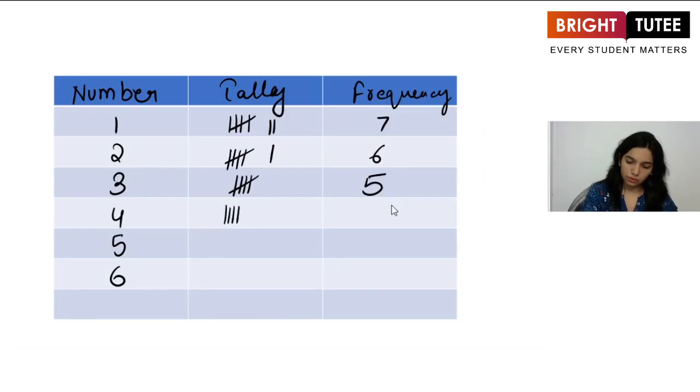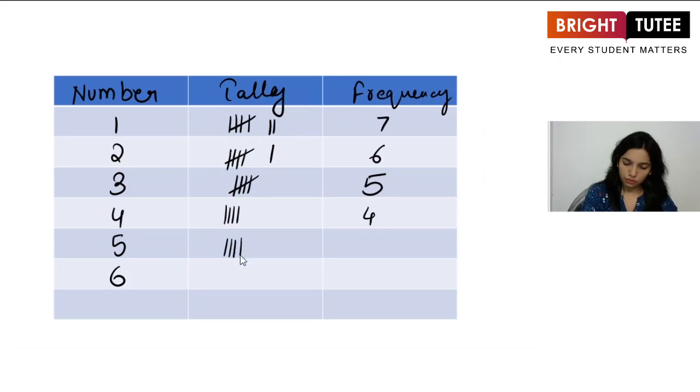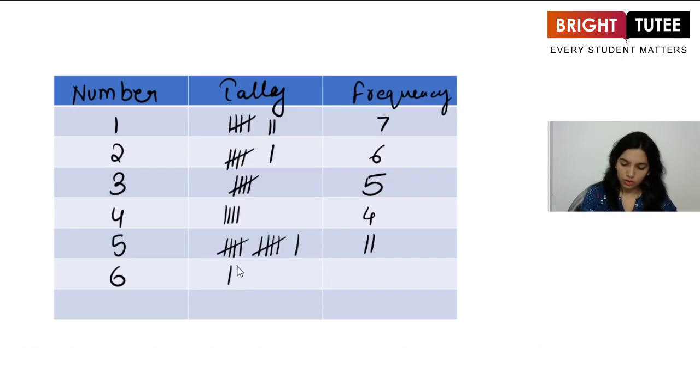Then let's see how many times 5 is there. 1, 2, 3, 4, 5, 6, 7, 8, 9, 10, 11 times. And lastly, number 6. So it is coming 1, 2, 3, 4, 5, 6, 7 and all the numbers are cut. So 1, 2, 3, 4, 5, 6, 7.